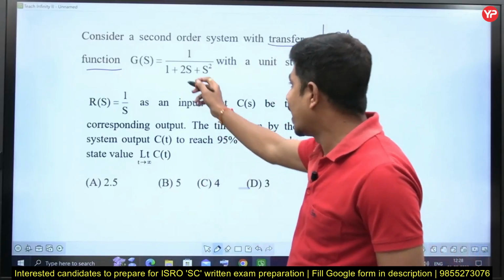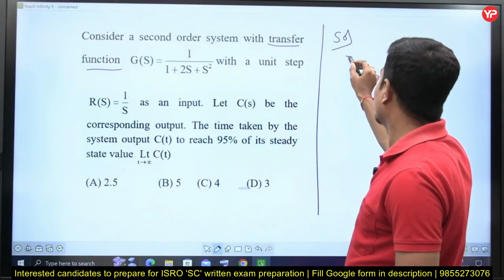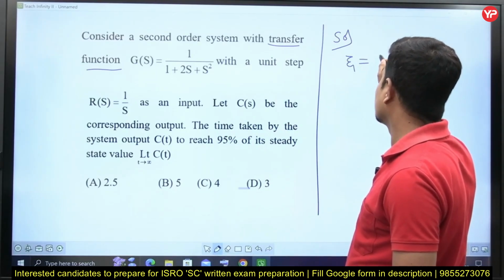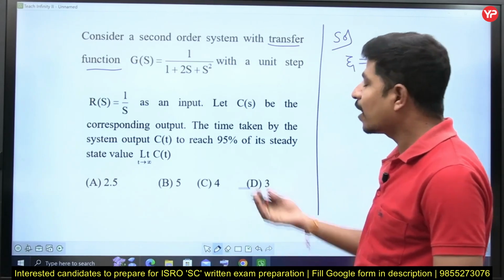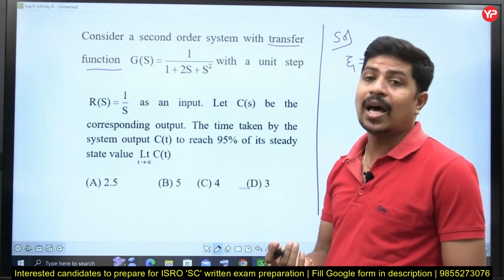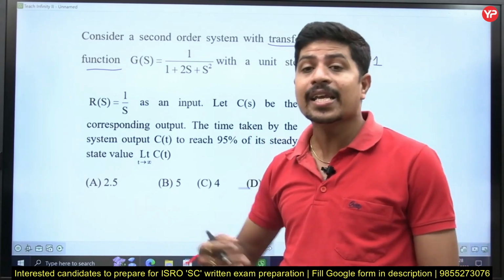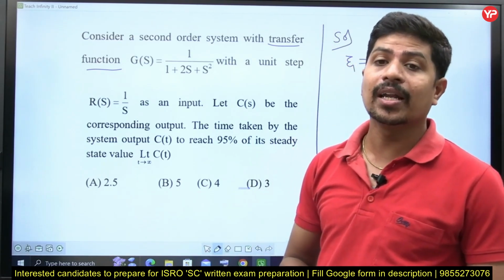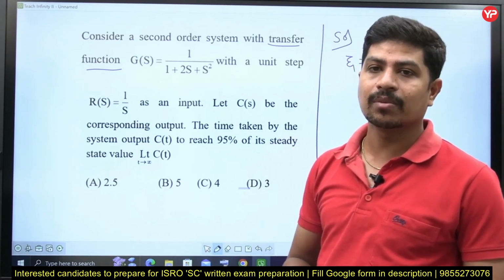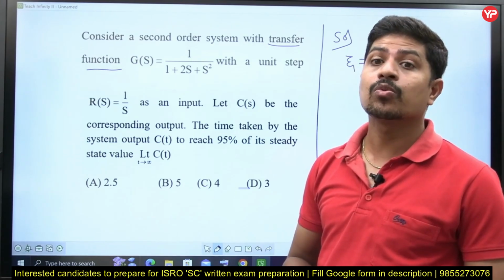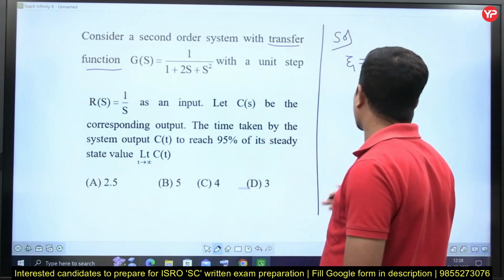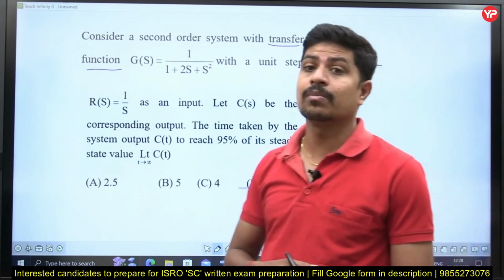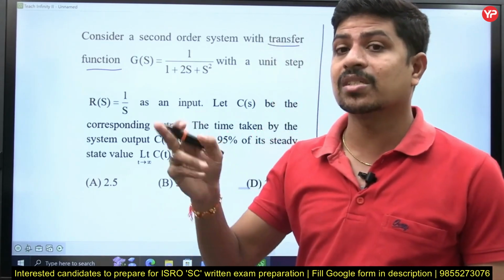See, what is the damping of the system? Damping zeta is equal to how much? 1. Yes, the 2 poles are real and equal, therefore it is a critically damped system. The time taken by that response to reach 95% of its final value for a critically damped system is similar to that of a first order system.